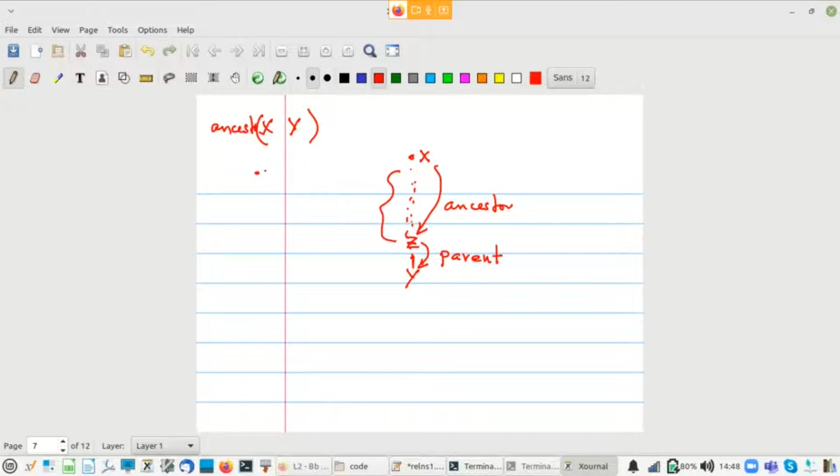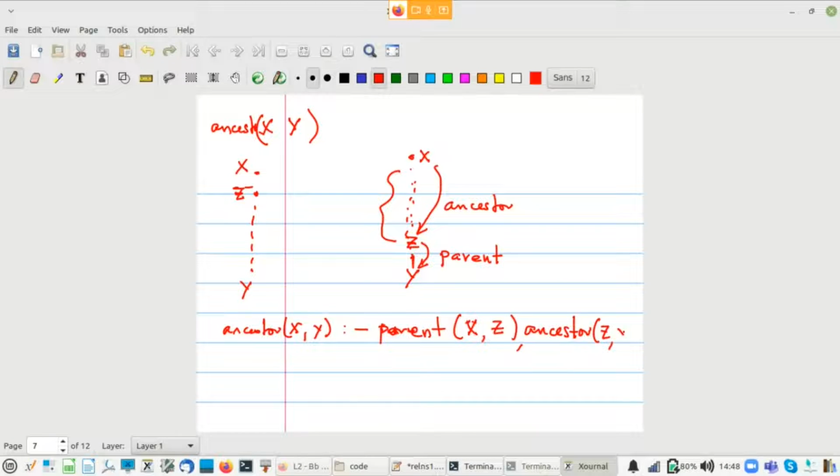That is, namely, if you have X here and you have somebody here, so X is a parent of this, and then this person is an ancestor of Y. Okay, so if you have Z here, so you can have that ancestor X is an ancestor of Y if X is a parent of Z, and Z is an ancestor of Y. This will also work, right?